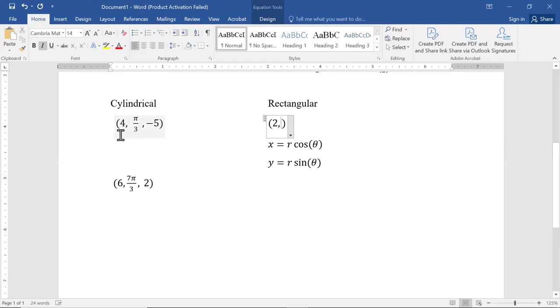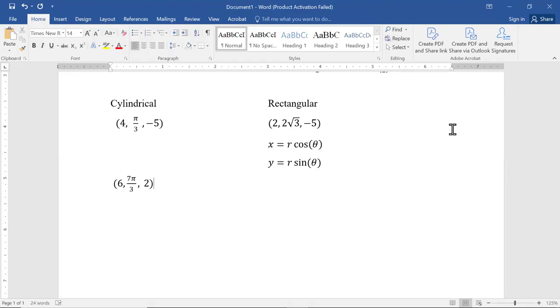If I take 4 times sine of pi over 3, I get about 3.46, which is 2 times the square root of 3. And then the z value is still negative 5. Okay. You can calculate 2 times the square root of 3 if you want to get an approximate value, if that's something you're interested in.